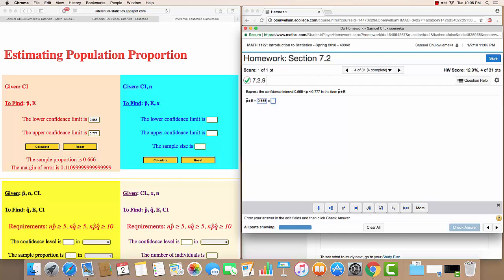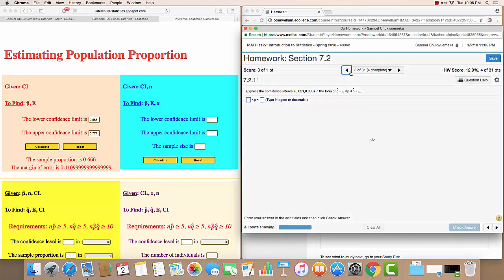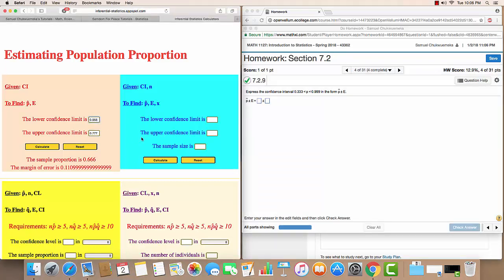I don't like that number at all. 0.111. Okay, I'm gonna change another one. Similar question. Oh, wow. Okay, this one now. So 0.0. I also don't like this number here. I don't know why it can't change this.